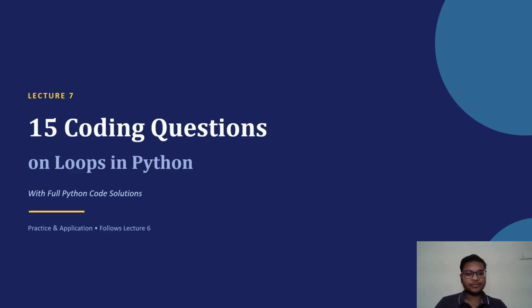In lecture 7, we have 15 coding questions on loops in Python, with full Python code solutions. Why do we add the solution? Because I just want you to see the solution and think about how it is possible.